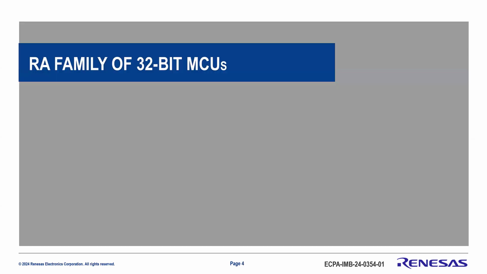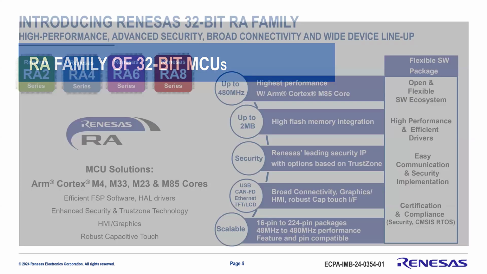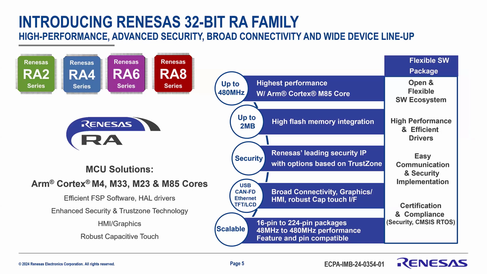So let's talk first about the RA family of 32-bit microcontrollers. There are 4 series in this, the RA2, 4, 6, and 8. Pretty easy. We offer up to 480 megahertz, using the M85 core with the RA8 series.